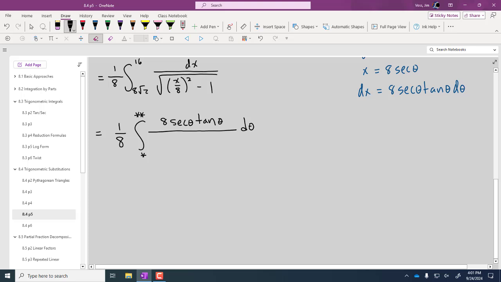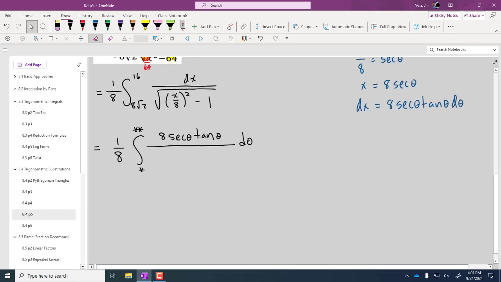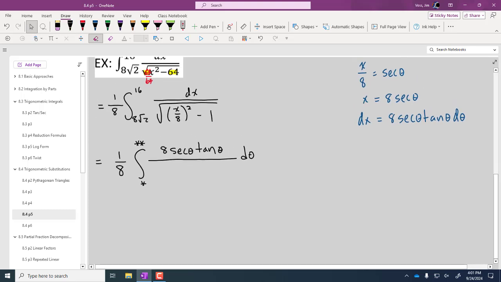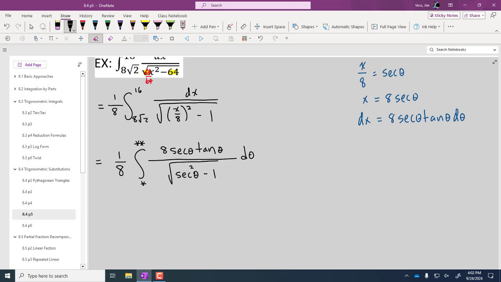Denominator, square root of secant squared minus 1. And what is secant squared minus 1? Tangent squared.